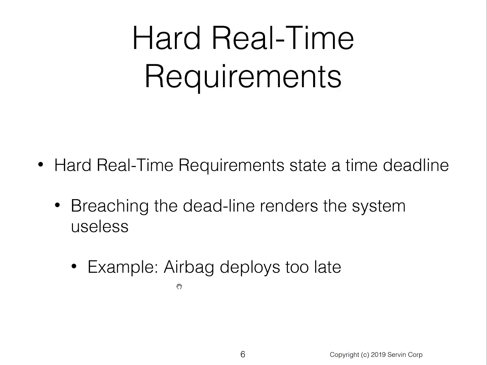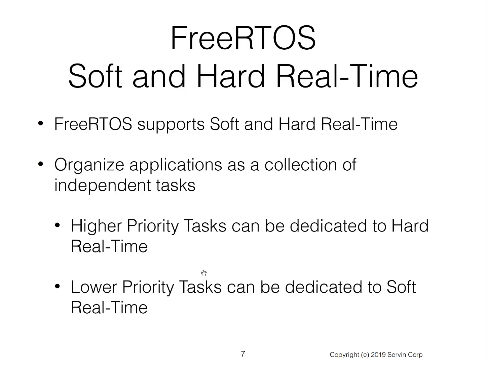Maybe you've got one that's handling the airbag, and if it deploys too late, well, that's no good. So for hard real-time, we'll see in FreeRTOS that through setting priorities, you can absolutely ensure that, for example, if the airbag needs to deploy, that would indeed happen.